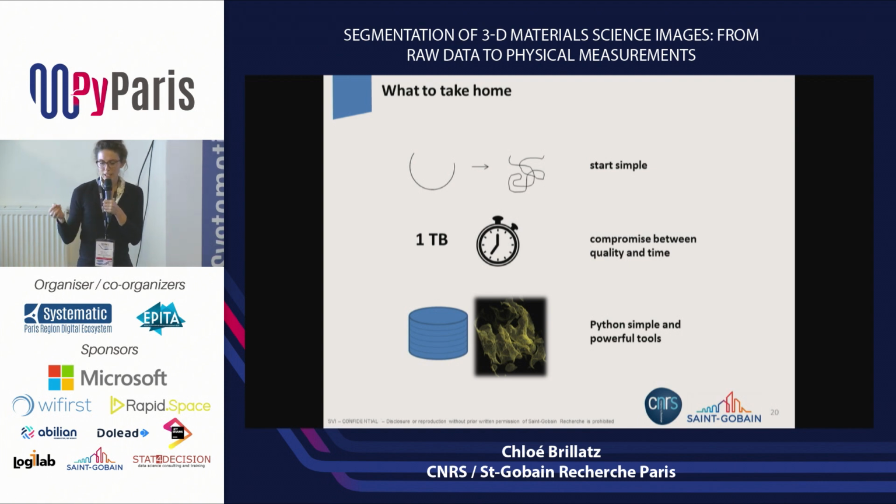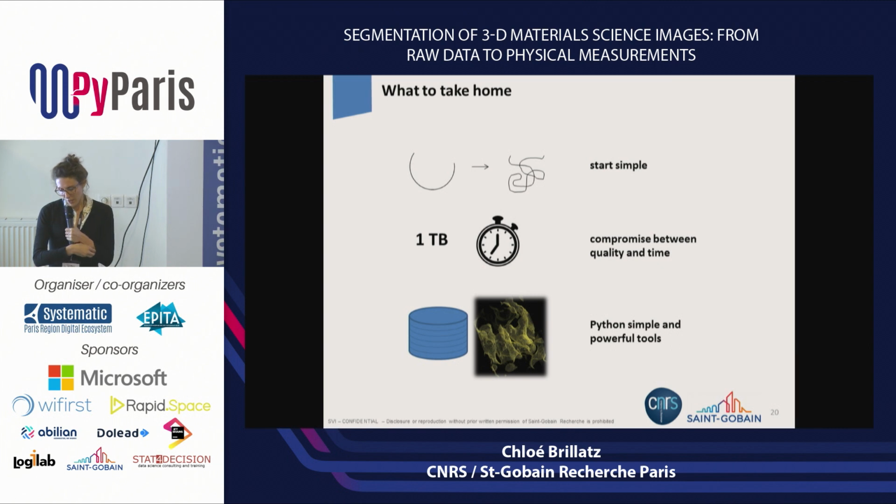I forgot to say, but actually I had in total 1 terabyte of data to play with. So when you have such an amount of data, it's always a compromise to do between the quality of the segmentation, in this case, of the process you're running, and the time you have.